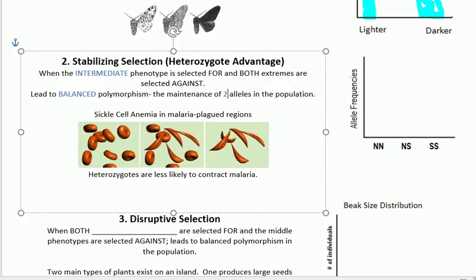So in this case, this right here, they're more likely to get malaria. This here, the heterozygote, it is selected for, and here, the complete sickle cell, it is selected against.